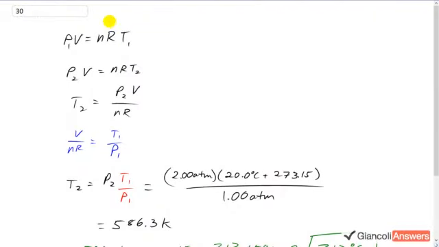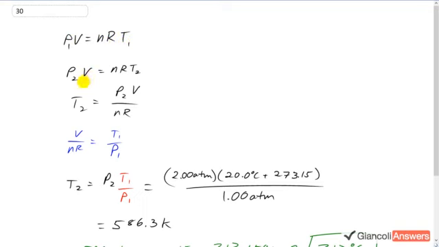Because we have a sealed metal container, we know that the N is going to be constant because it's sealed. And since the container is metal, it's rigid, and so V is constant as well. And we don't need any subscripts on these for the 2 scenarios. So at the first pressure, we have P1 times V equals nRT1.